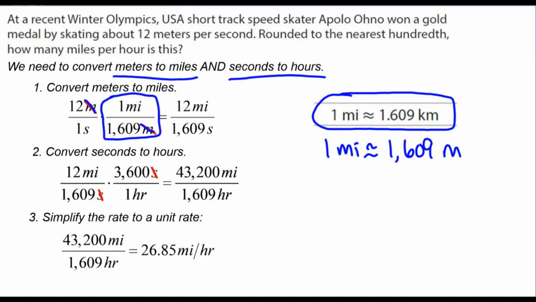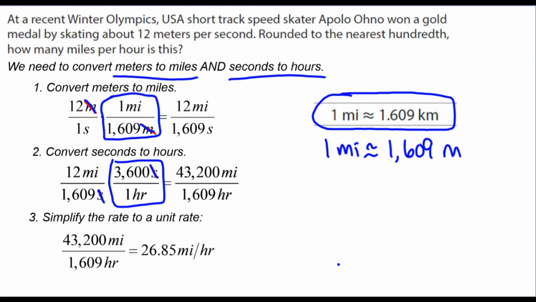So I take the rate that I got, and now I'm going to use a different unit conversion factor to convert my seconds to hours. And again, there's 3,600 seconds in an hour. I put seconds in the numerator so that it would cancel out with the seconds in the denominator. Now I have miles in the numerator, hours in the denominator, which is 43,200 miles every 1,609 hours.